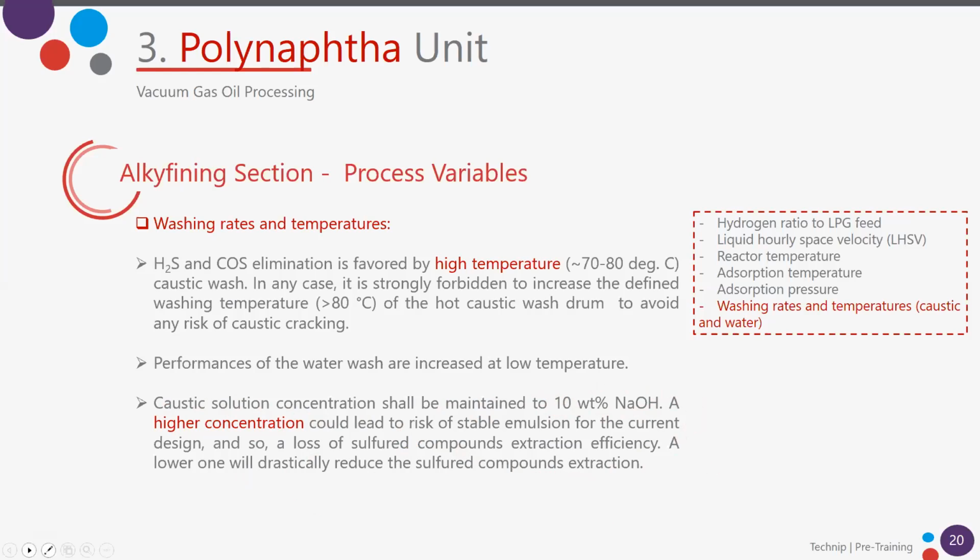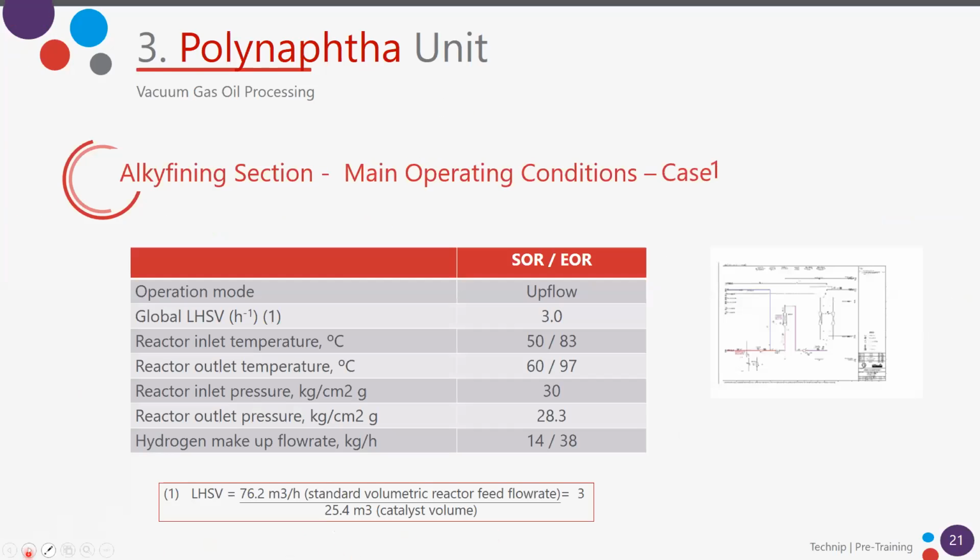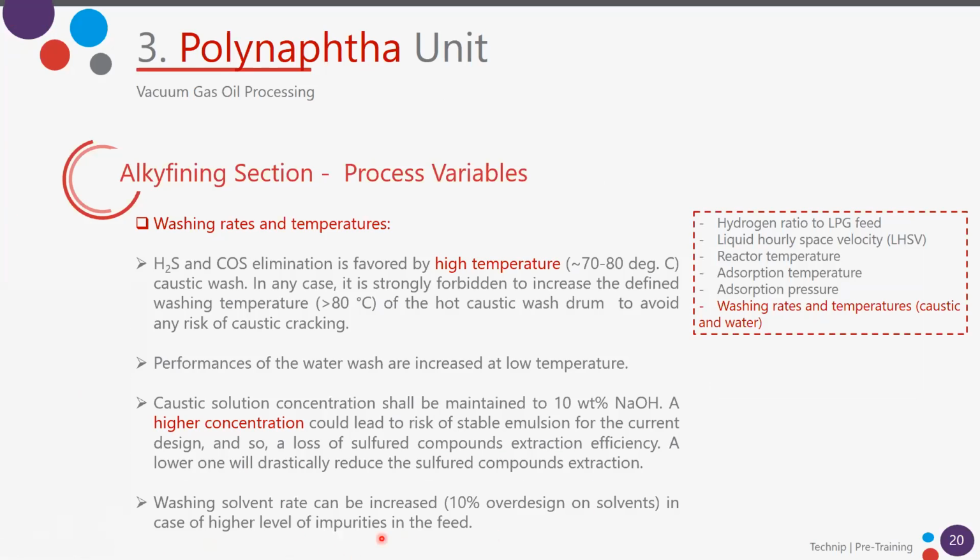Of course, the washing solvent rate can be increased if we have more impurities in the feed. Okay. So these are more or less the process variables for this alkyl section.